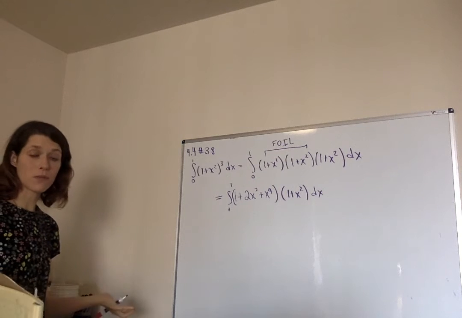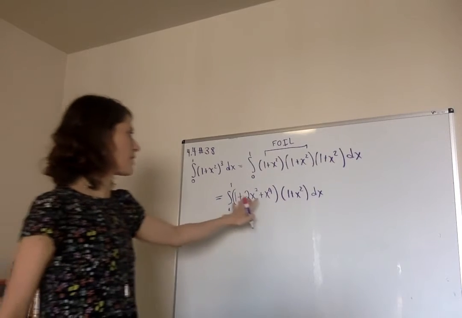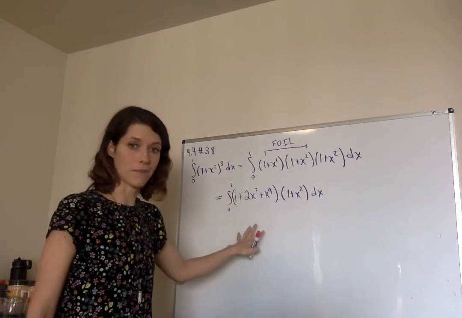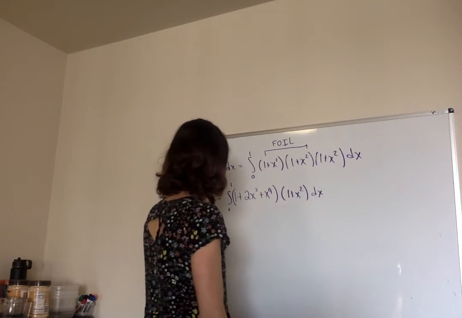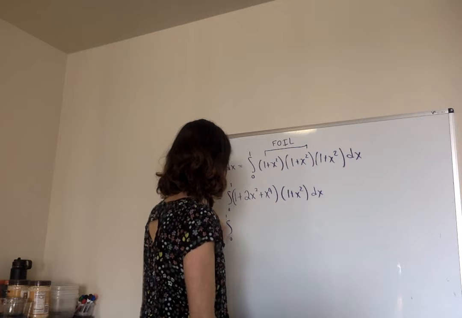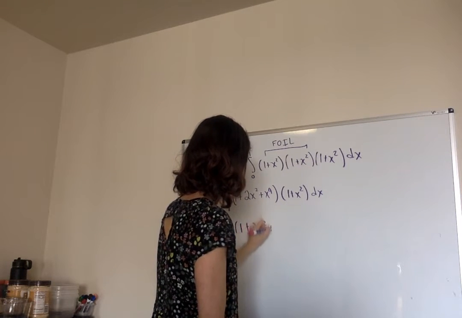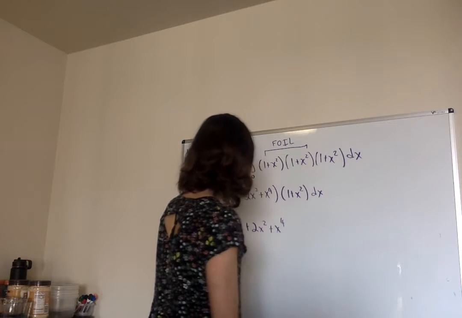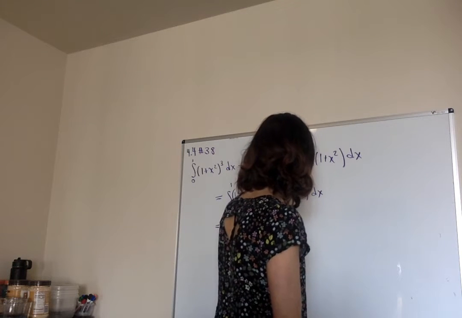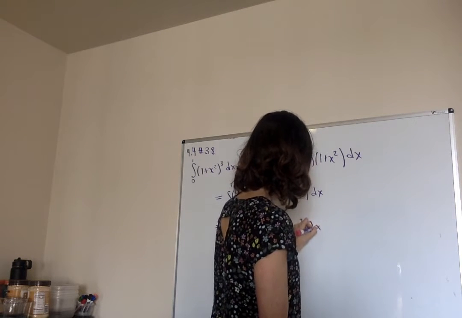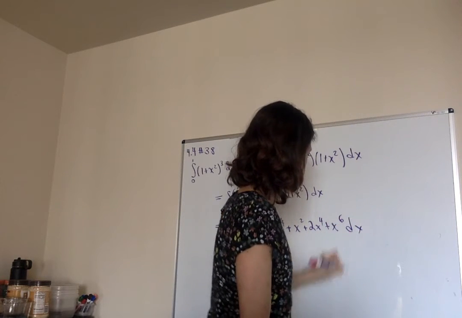Now moving from here, I want to distribute the 1 plus x squared. So multiply everything here by 1, multiply everything by x squared, and then add the result. From that, you get the integral from 0 to 1 of 1 plus 2x squared plus x to the 4th, that's multiplying everything by 1, and now multiplying everything by x squared, plus x squared plus 2x to the 4th plus x to the 6th, dx.